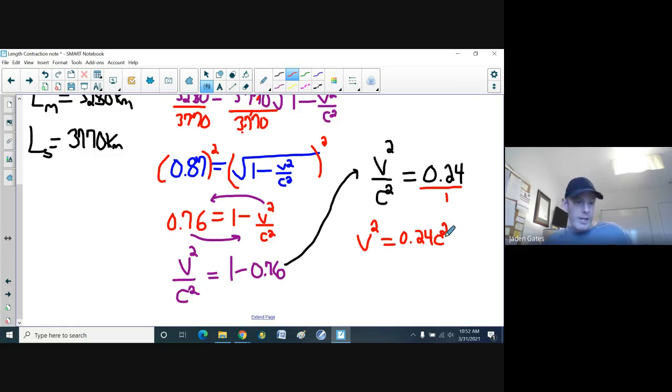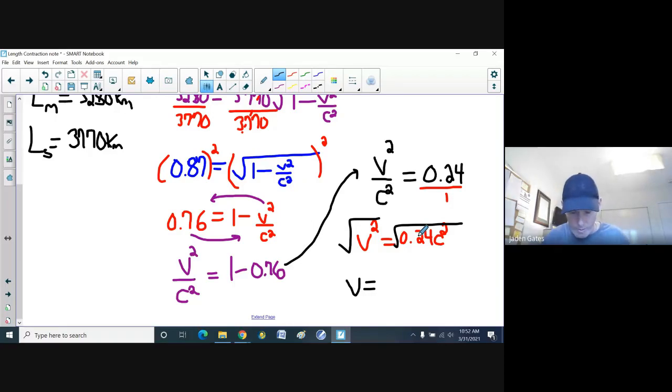All right, now let's see here. So, well, all I have to do now is, well, take C squared. Oh, I got V here. All right, so let's see here. I'm going to square root both sides again. All right, so that gets rid of the 2 on the V. I have to square root 0.24, and I have to square root C squared.